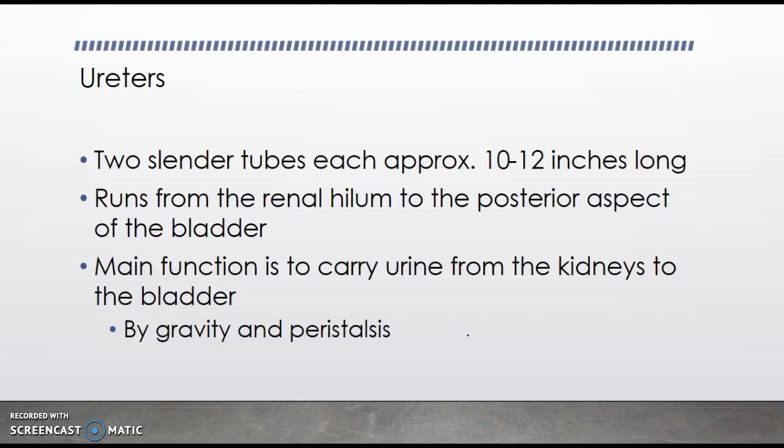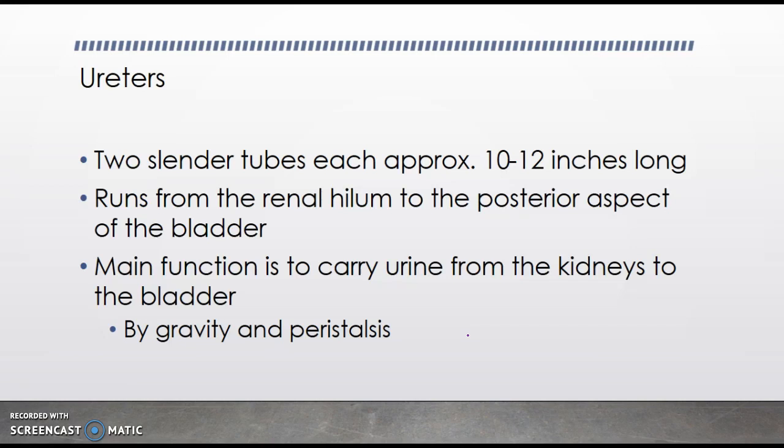So the ureters. Ureters are just for transport. They don't have really a function other than transport. They're just two tubes that come out of each kidney. They're 10 to 12 inches long. They start right at the renal hilum and go all the way down to the bladder. And really, it's pretty easy.